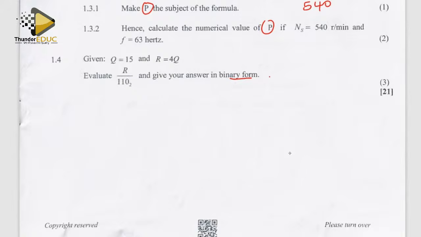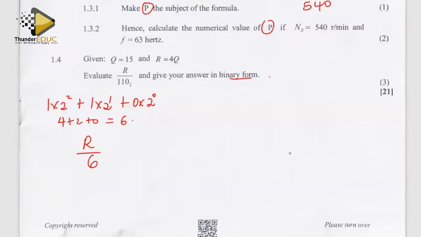That's going to be 1 times 2 squared plus 1 times 2 to the exponent of 1 plus 0 times 2 to the exponent of 0. Okay, this becomes 4 plus 2 plus 0, which gives us a 6. So it's the same as R over 6.